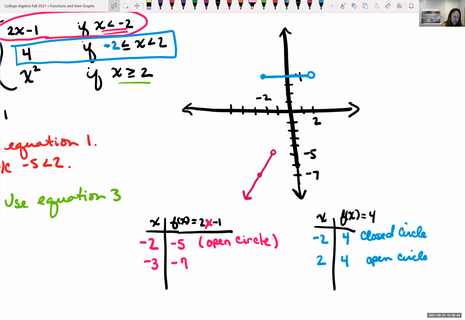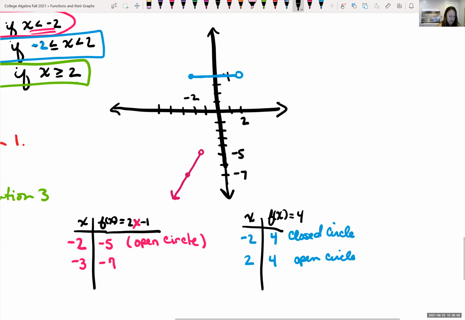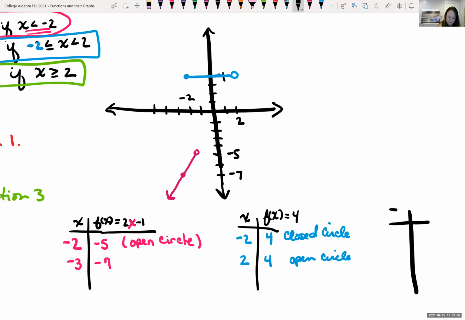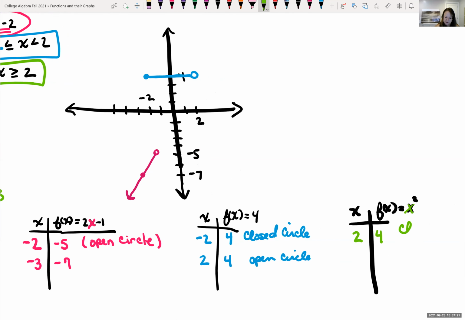So one more piece, which is that third equation. That's for values which are greater than or equal to 2, and that equation is x squared. If I plug in my end value of 2, it's included because it's greater than or equal to 2 for that piece. Plug it in for x, I get 2 squared, which is 4, and this is a closed circle.